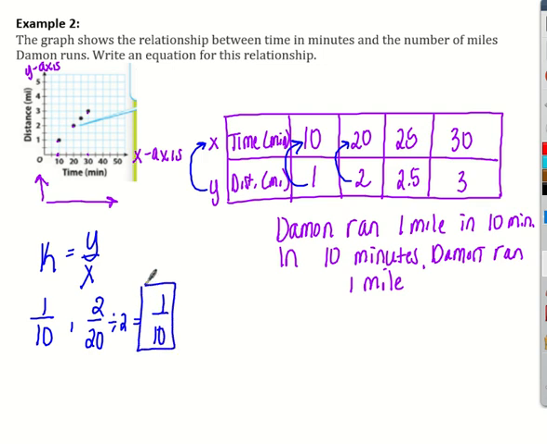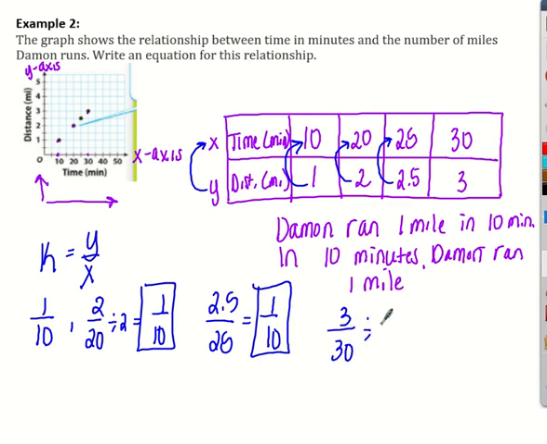So that one is simplified, right? I go 2.5 over 25, and if I reduce those down, I also get 1/10. And then my last one, I have 3 over 30, and if I divide those, oh, sorry, I didn't tell you right here, we're dividing by 2.5. Divide by 3, I get 1/10 here.